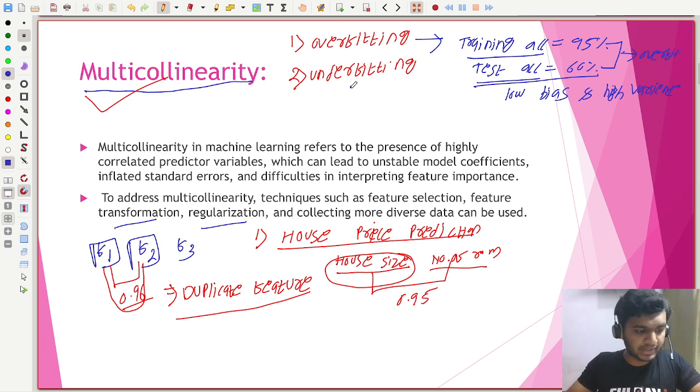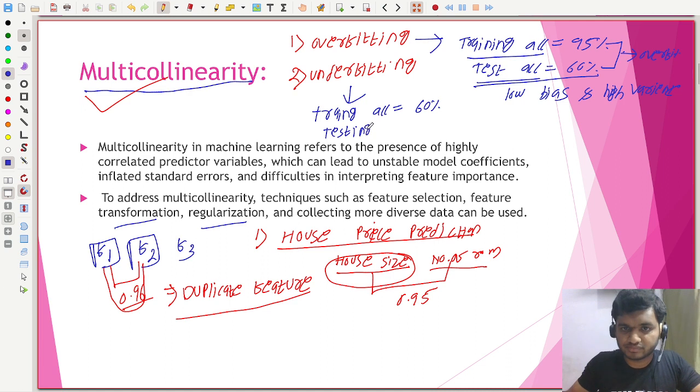In underfitting, suppose training accuracy is minimum and testing accuracy is minimum. Training accuracy is, suppose, 60% and testing accuracy is 55%.